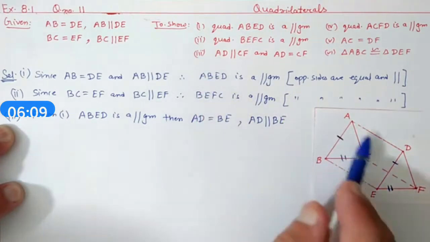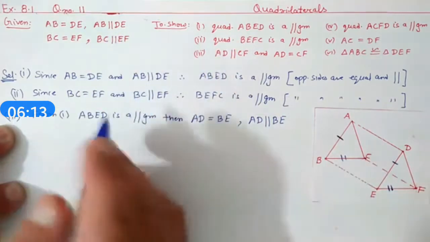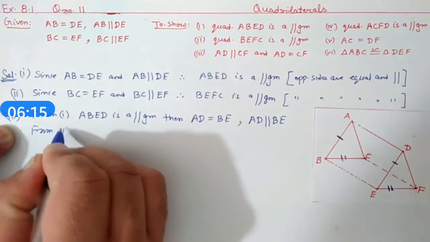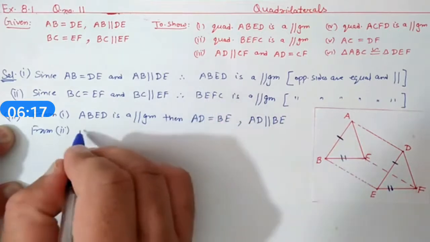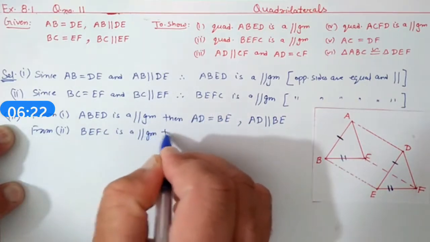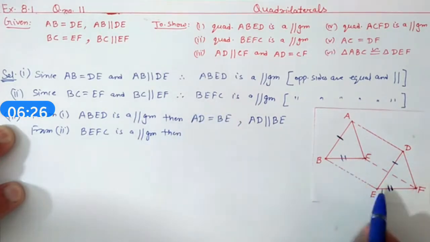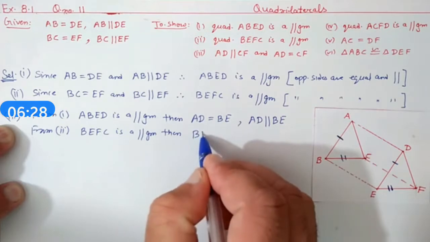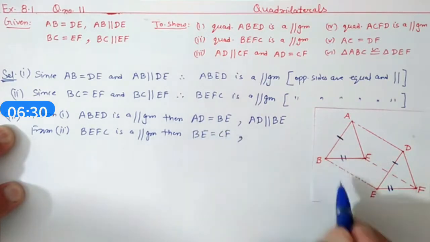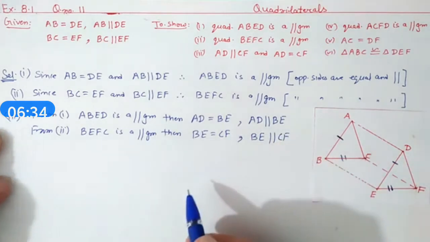Okay. Now from second you can write down. From second you can easily see that BEFC: BE is parallel to CF and BE is equal to CF. So you will write here BE equals to CF and BE parallel to CF.